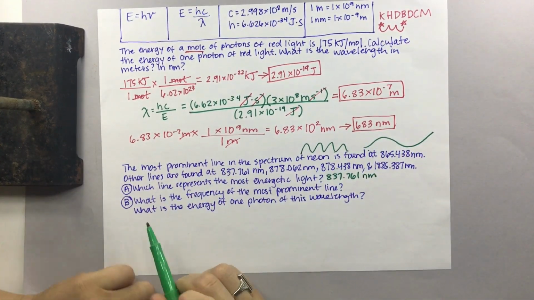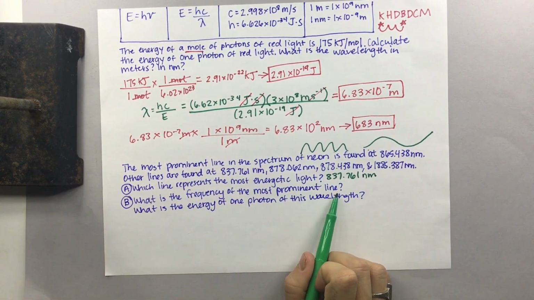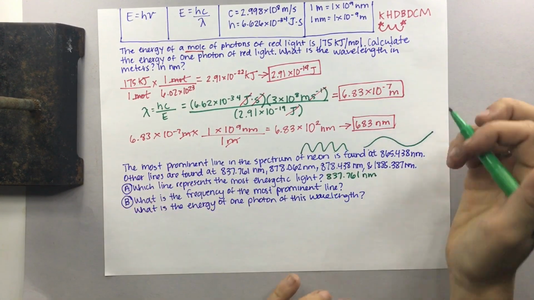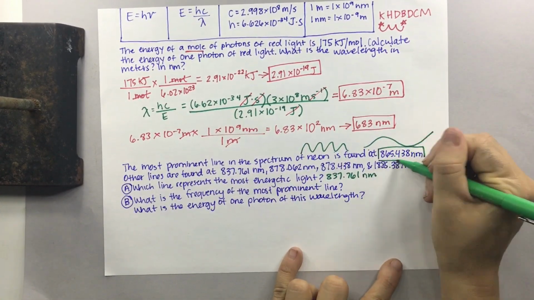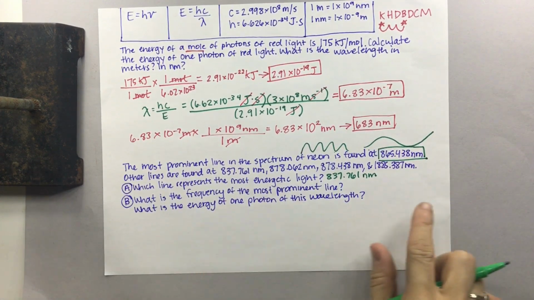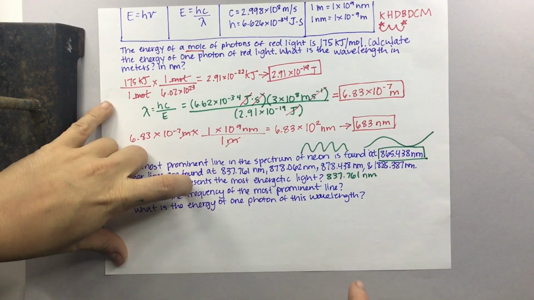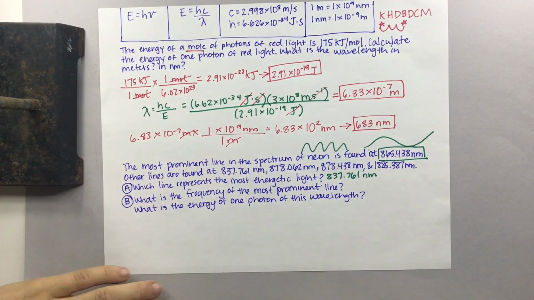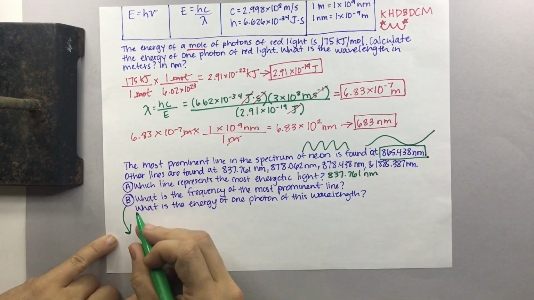Then it says, what is the frequency of the most prominent line? Well, they already told me the most prominent line: 865.438 nanometers.